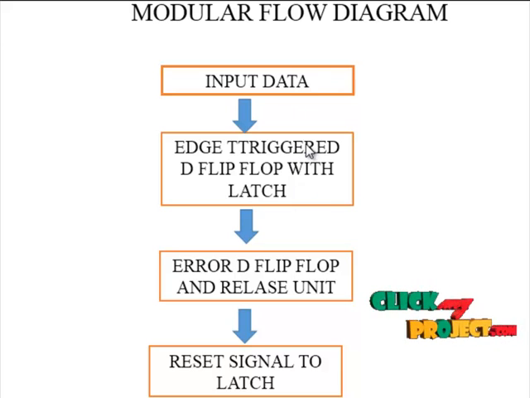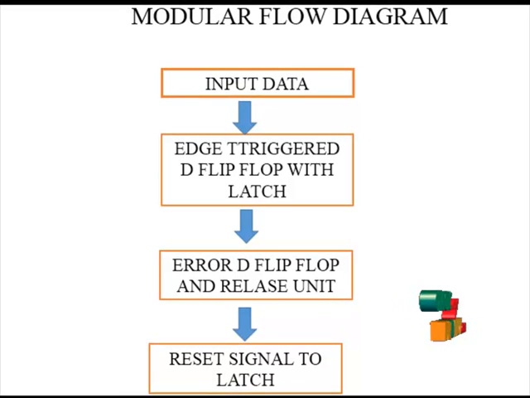After the processing of the edge-triggered T flip-flop, that is fed into the error detection and correction unit. In this unit, the error is detected and corrected. It consists of a pulse generator, XOR gates, AND gate arrangements and a register.